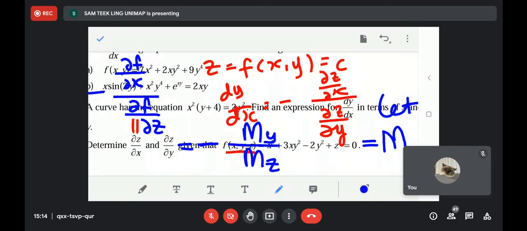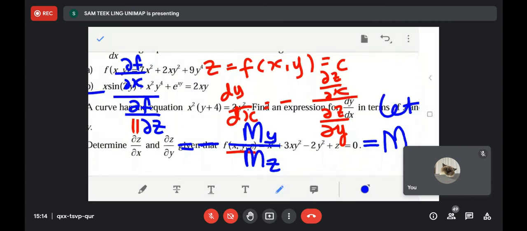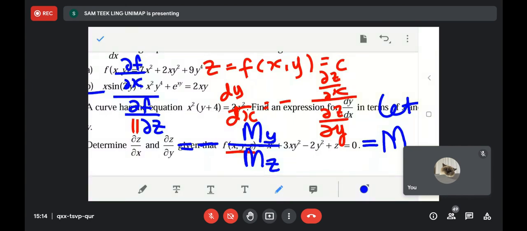You can use fy divide by fz, or my divide by mz, with a negative in front. If you want to use m, please write one more sentence: let m equal the equation, copy the equation, then equals 0.